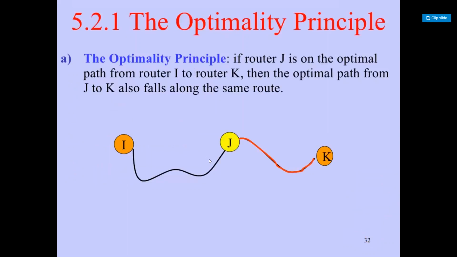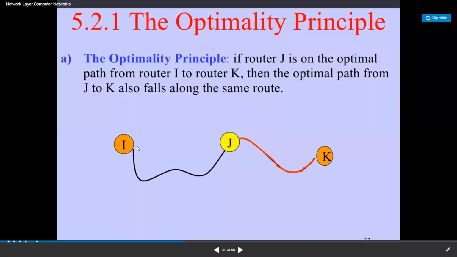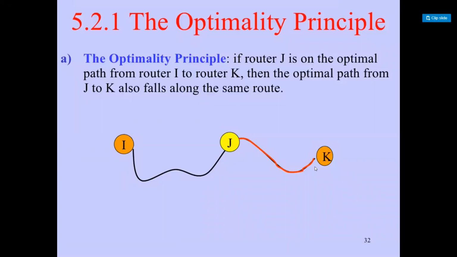See here, coming to the optimality principle, we have three routers, I, J, and K. If the router J is on an optimal path from I to K, that means the source is I, the destination is K, and J is on the optimal path for I to K. That means the routing must happen from I to J and J to K. Then the optimal path from J to K also falls along the same route.